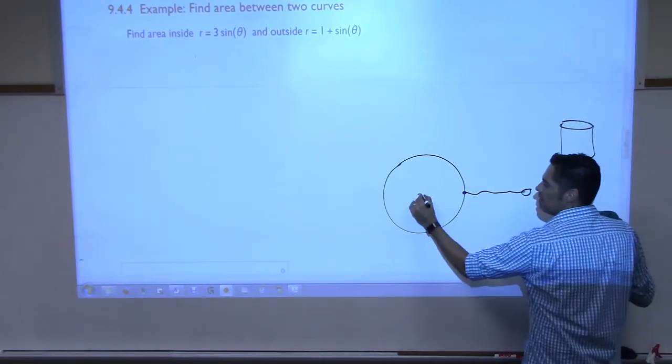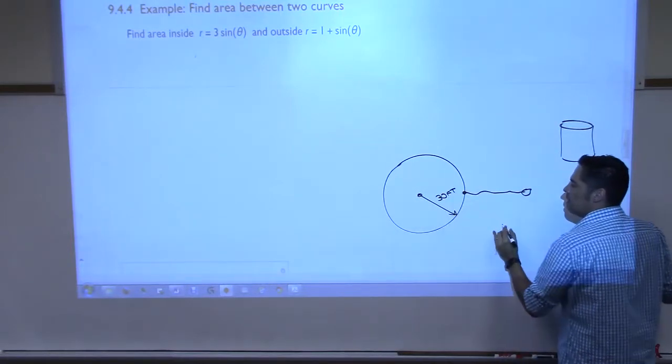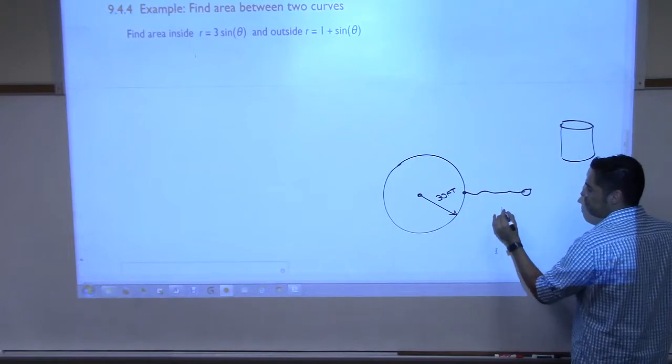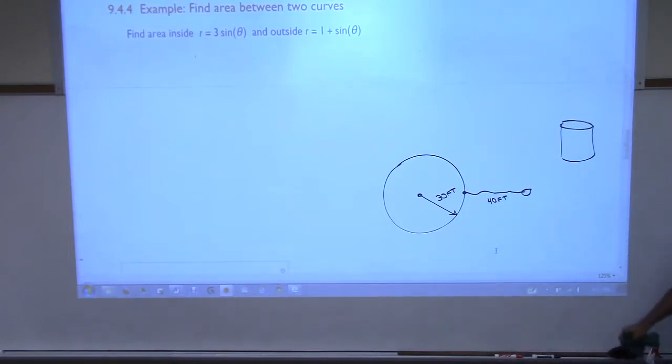And let's say the radius of this thing is 30 feet. And let's say you have a 40-foot rope that horse is tethered to. What's the grazing area of that horse? How much area can that horse graze in?